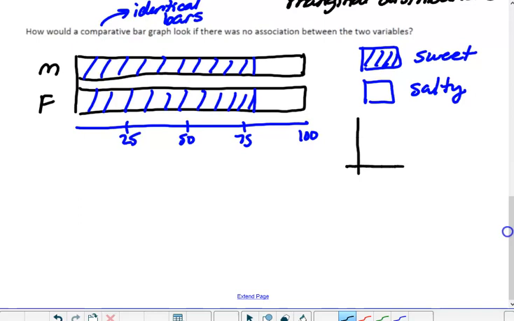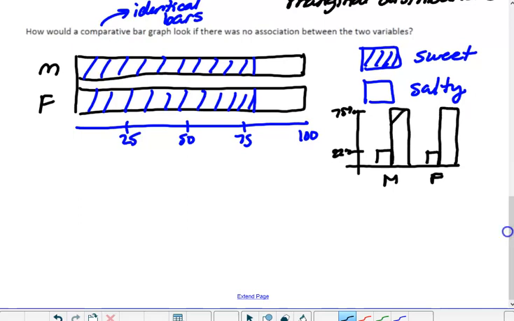I could say here's for male and here's for female, and this would be 78%, and down here we'll call this 22%, and I would have the same two bars for both of them. Okay, so identical bar graphs if there is no association. So no association, identical bars.